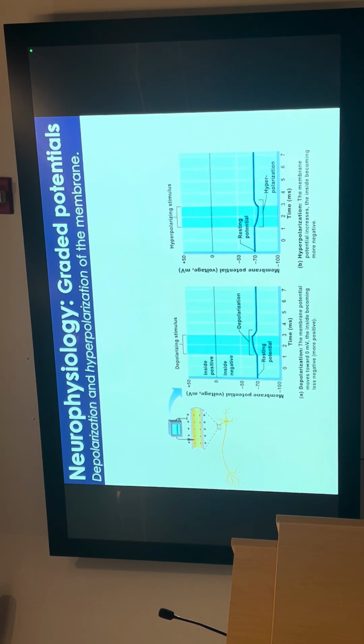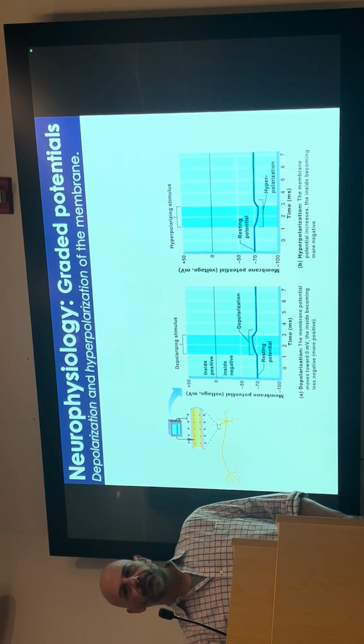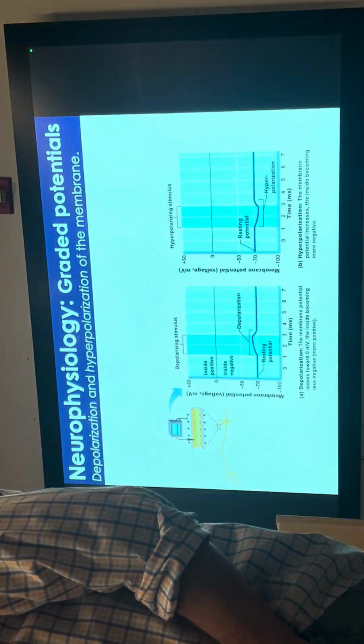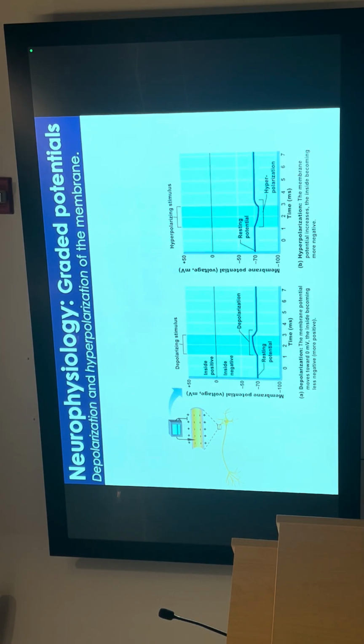That neuron is going to be less likely to reach threshold and fire an action potential because something made it get even more negative, further away from that threshold voltage. So I'm just introducing the terms depolarization, hyperpolarization. What would be a real example of a hyperpolarization? We just call it an inhibitory stimulus, something that's going to make a neuron less likely to fire.